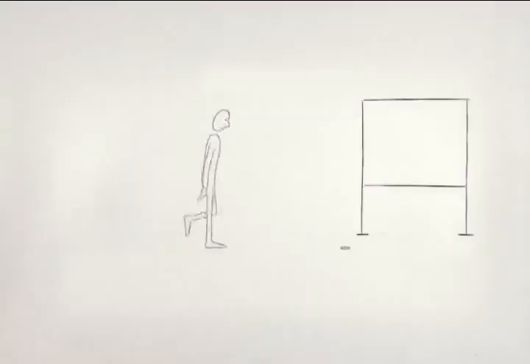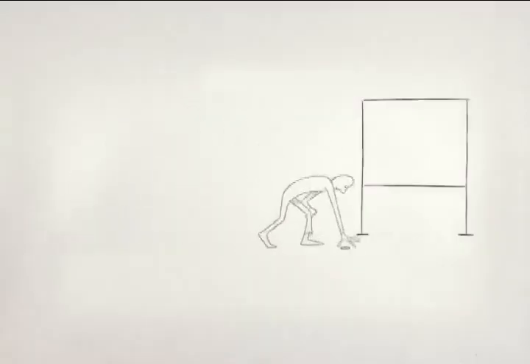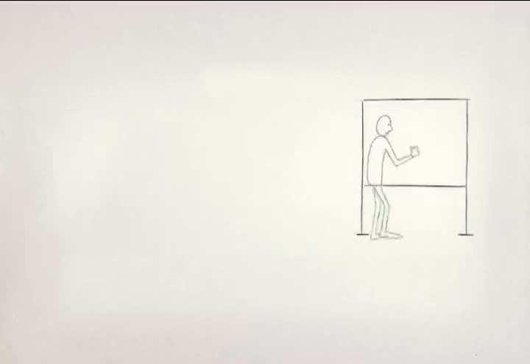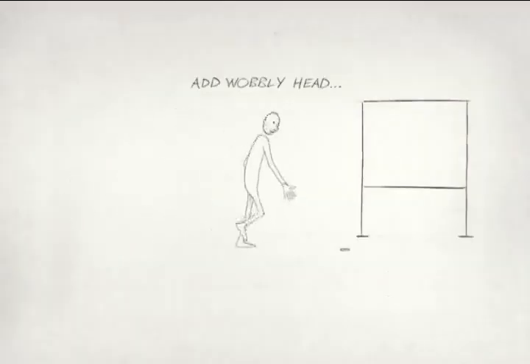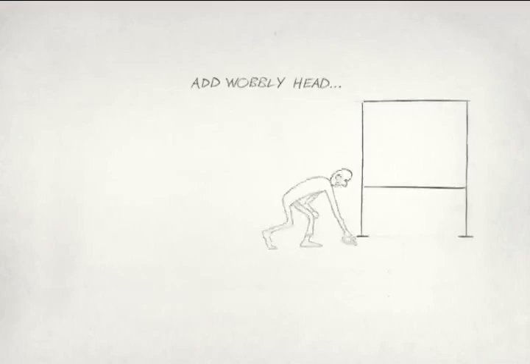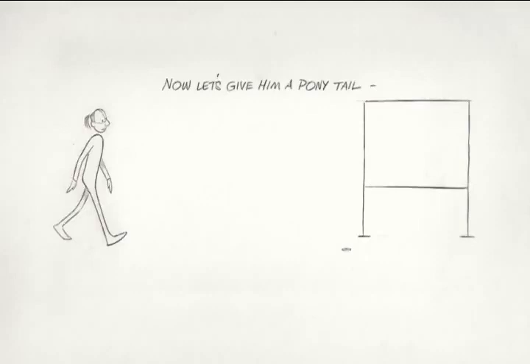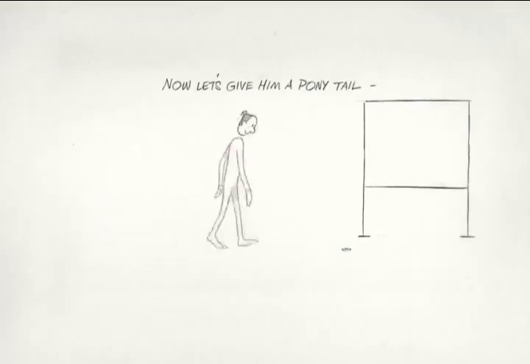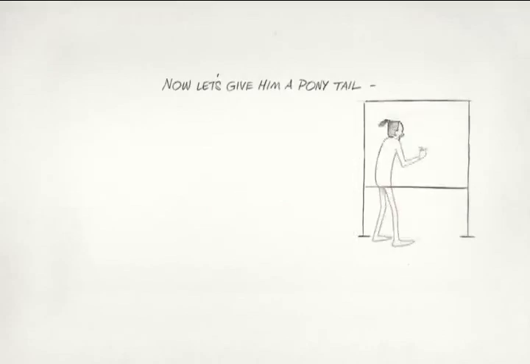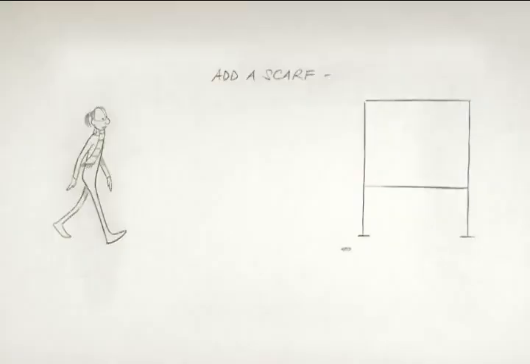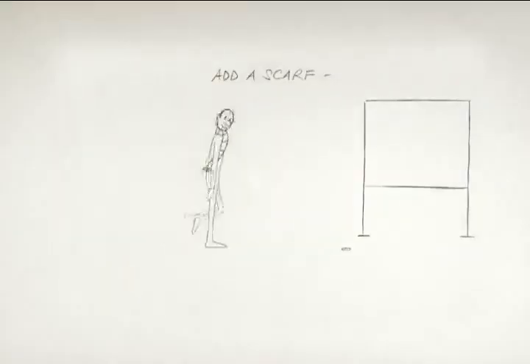Now that we have our building blocks in place, we'll do straight ahead runs on top of our pose to pose. Okay? Now let's give him the wobble head. Now let's give him a ponytail. Next, let's add some drapery, say a scarf.